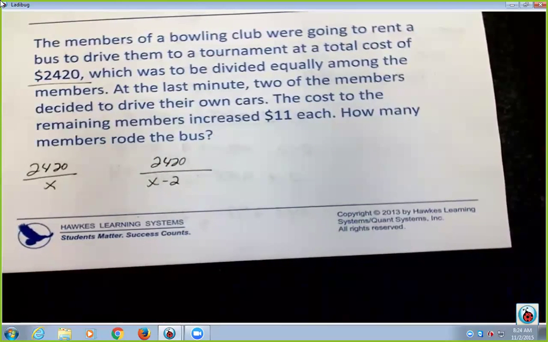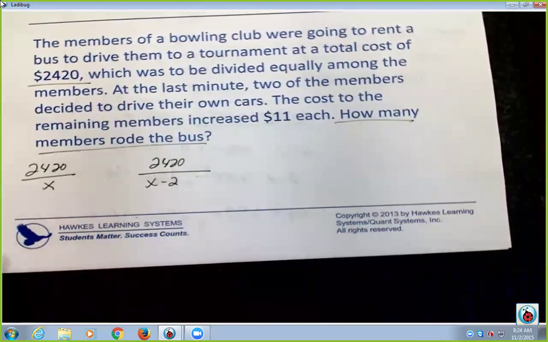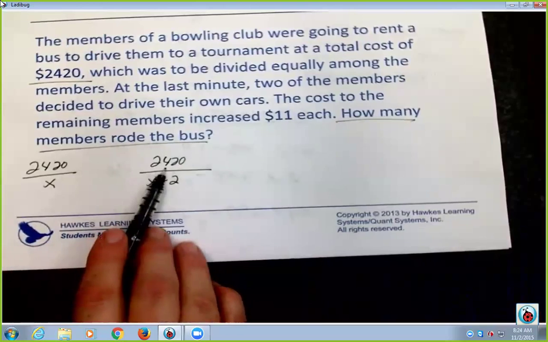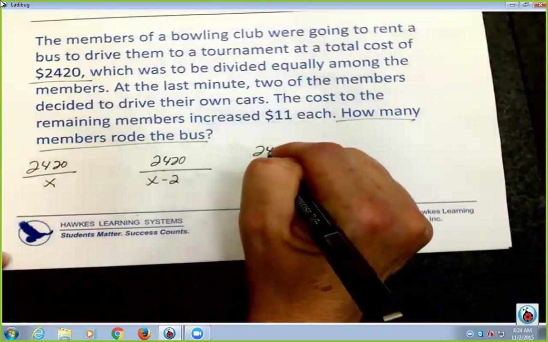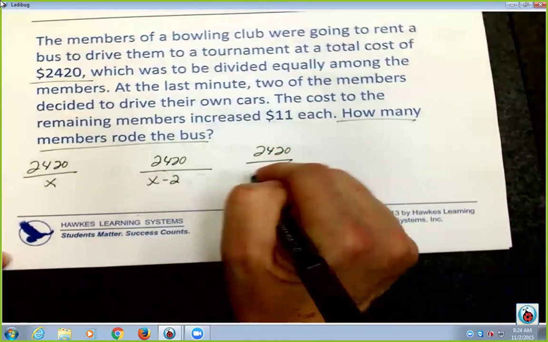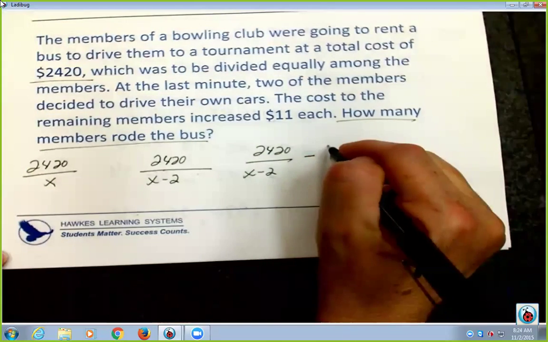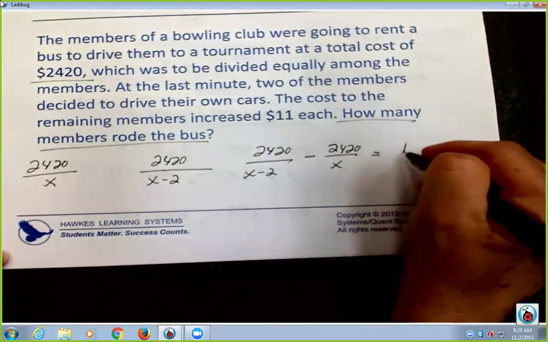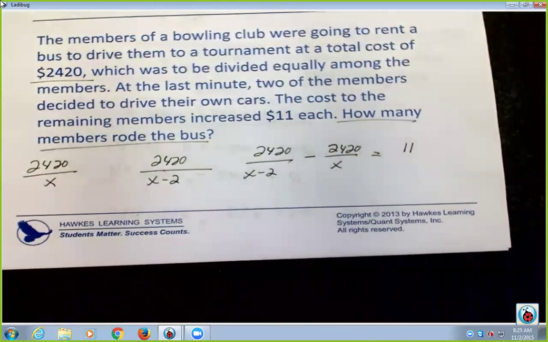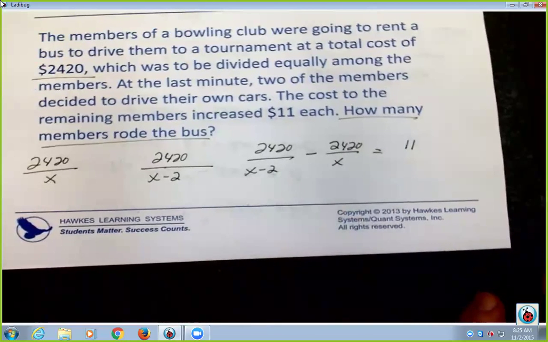Okay? So when you do these, we want to know how many members rode the bus. So when you do this, what took place? Well, this increased. So when you set this up, it's going to be 2,420 over X minus 2 minus what the original members would have been paying to end up equaling that $11 that everybody now is going to have to pay, because it's the difference between these two.